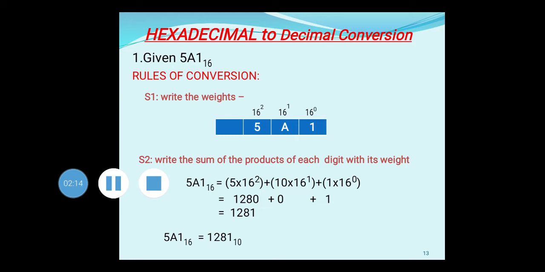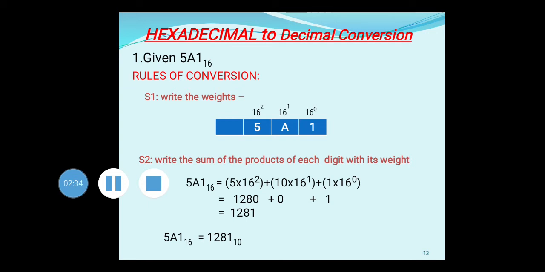So here we multiply 5 into 16 squared, and then add the next digit and weight. The next digit is the alphabet A, whose decimal number is 10.